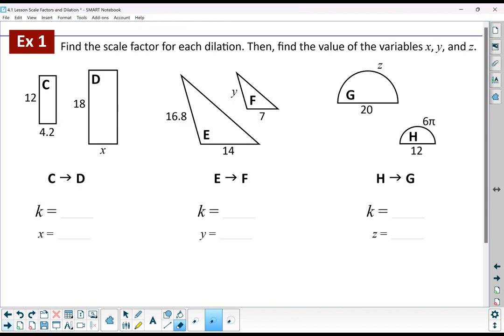So for each of these pairs of shapes, we're going to find a side length, either x, y, or z, depending on the shape. And then we're also going to find the scale factor. So our first pair of shapes here, it's a dilation from C to D. So C is our original shape and D is our new shape.